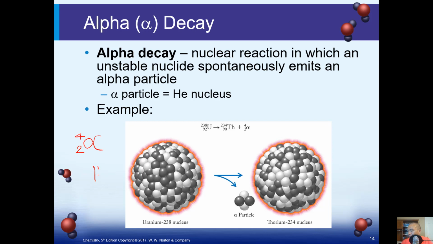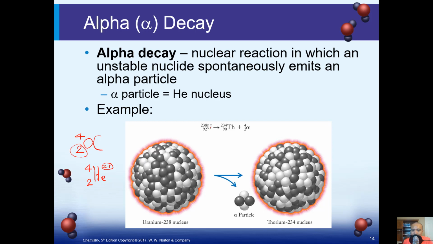It can also be written as helium because 2 protons is helium. And the 2+ charge is usually omitted in the nuclear reaction because we are focused on the nucleus but not the electrons. So for this reason, the 2+ is omitted.